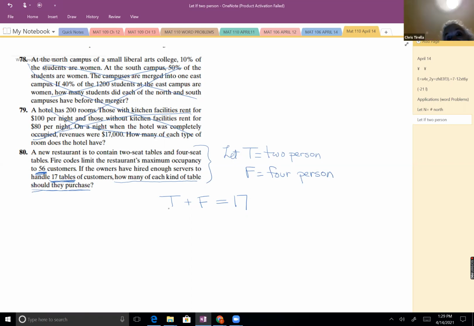Let's put a little thought into it. Each of these tables, T has 2 people, right? So wouldn't there be 2 people for each of those tables? And wouldn't each of these tables have 4 people? And that adds up to our 56 customers. Does that make sense?